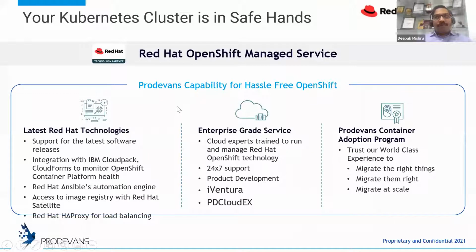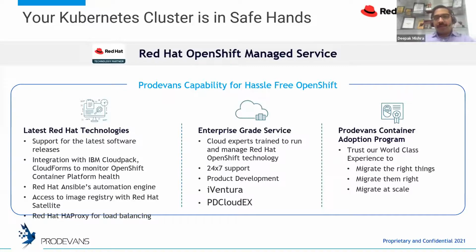From the capability standpoint, we are also known as an integration partner for several OEMs, and Red Hat is one of our premium primary OEM services which we offer to our customers in terms of cloud automation, in terms of optimization, in terms of container adoption, and so on and so forth.